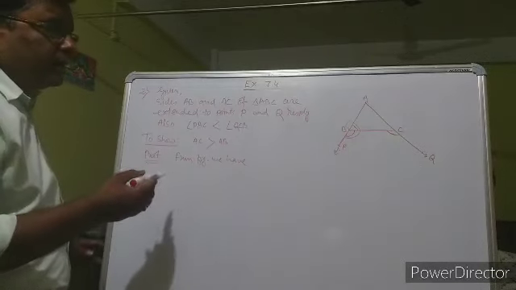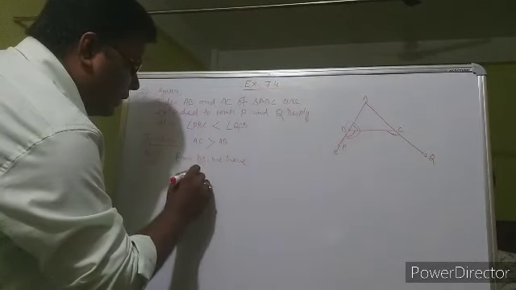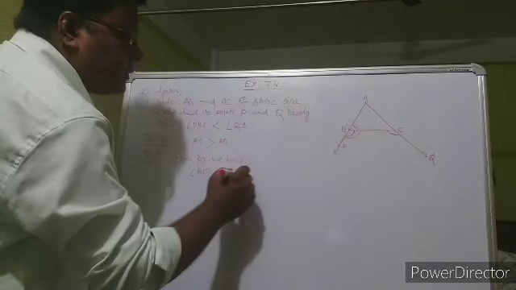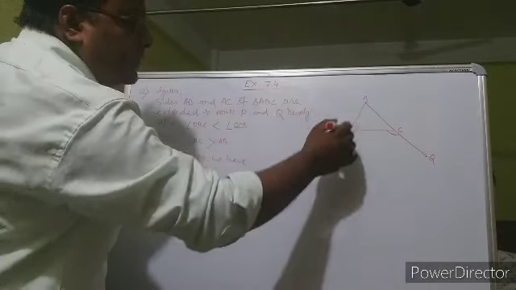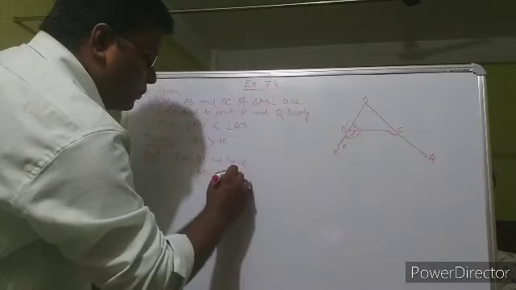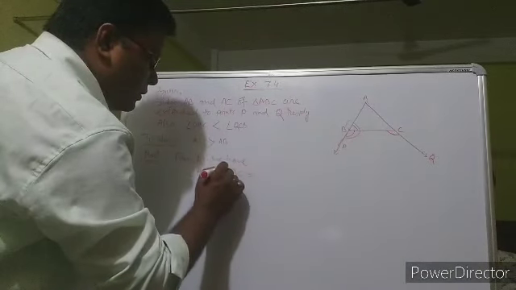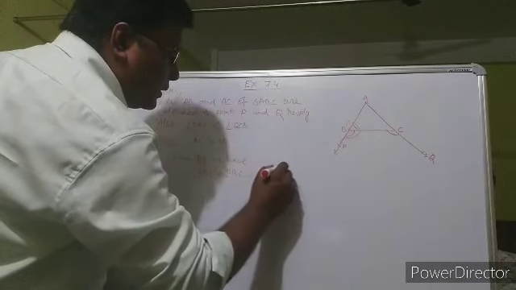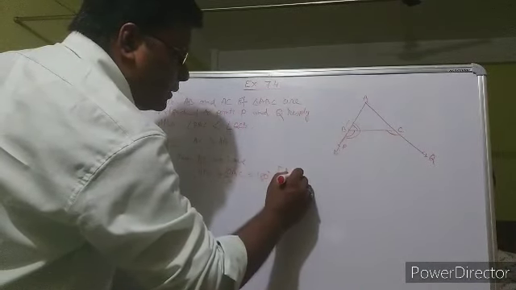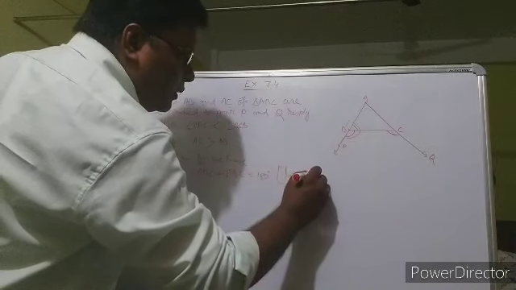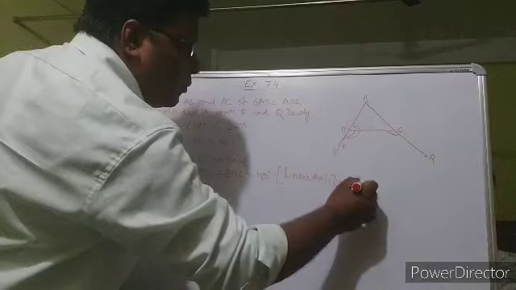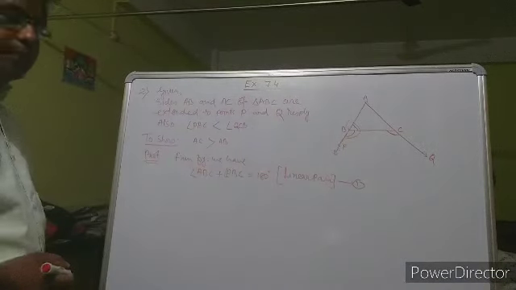So angle ABC plus angle PBC is equal to 180 degree, linear pair, and give it number 1.